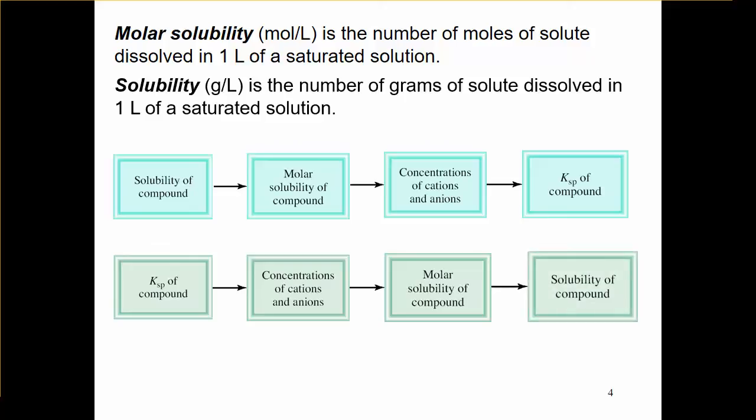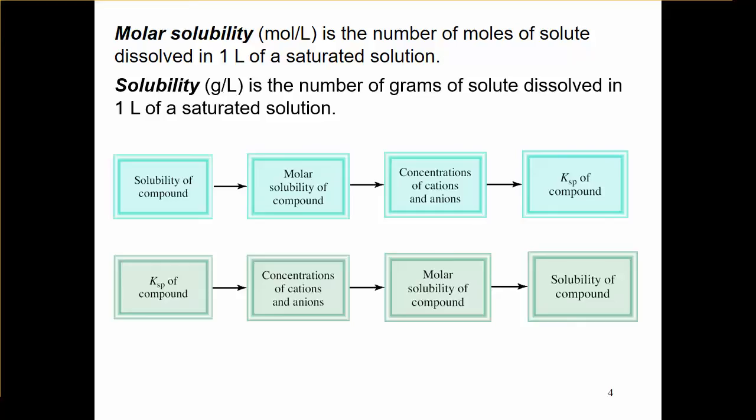So the solubility of a compound is related to its molar solubility, to the concentration of cations, and to the KSP of the compound. From the KSP of the compound, we would determine the concentration of the cations and anions, and that would describe its molar solubility and the solubility of the compound itself.